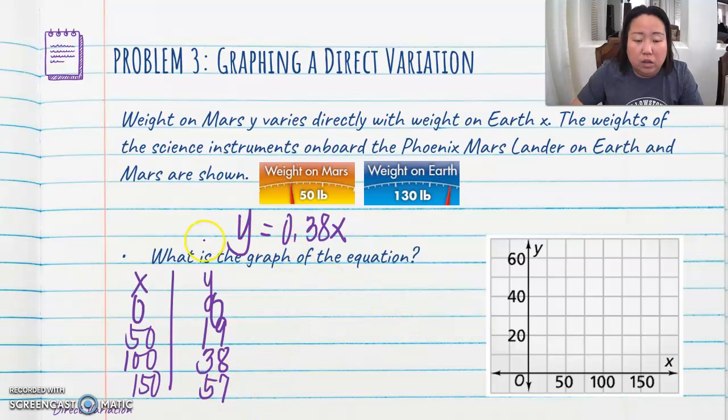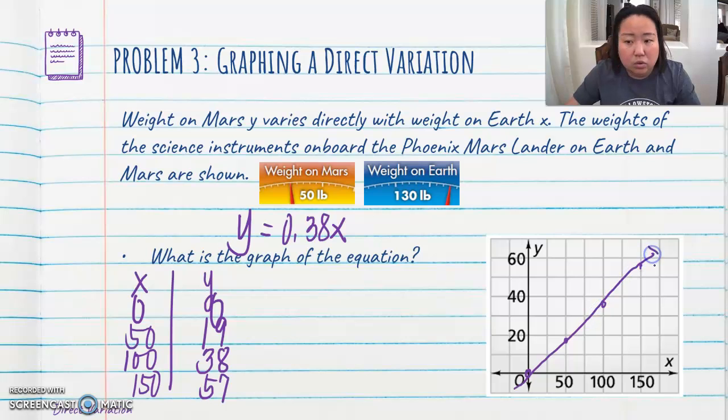And so you will notice that if you plot these points, you will have 0, then 50 is 19, so it's almost 20. 100 is going to be 38, it's going to be somewhere over here. And then 150 is 57, it's going to be over here. I will try my best.